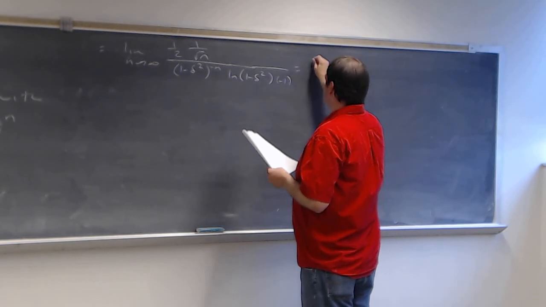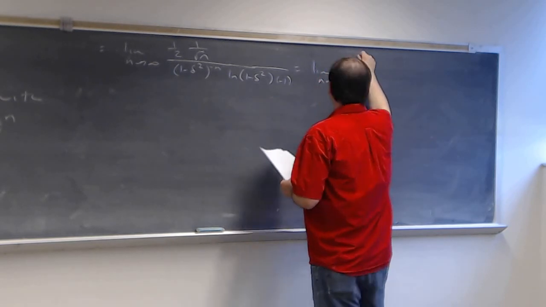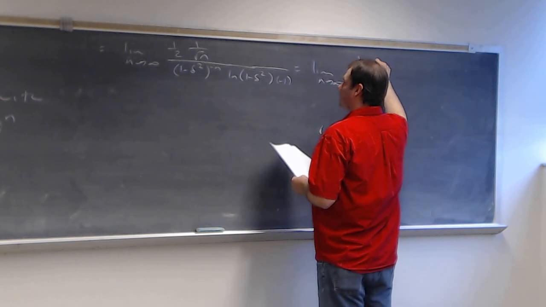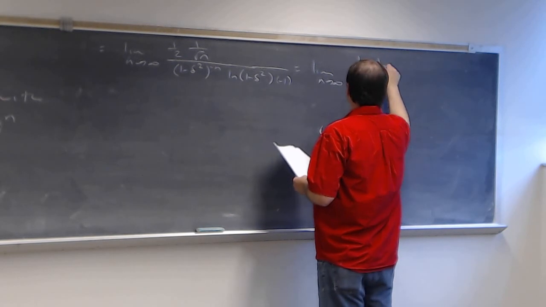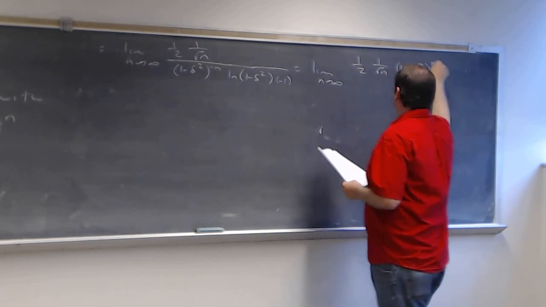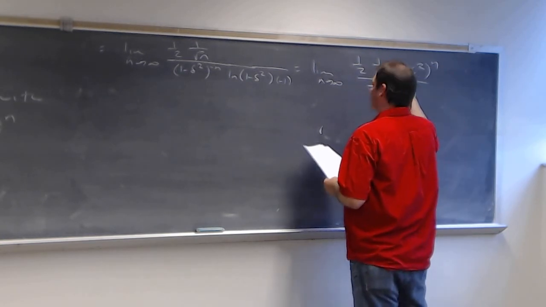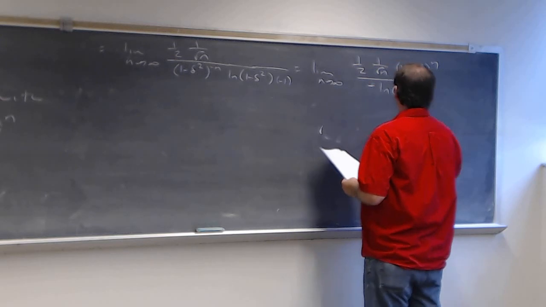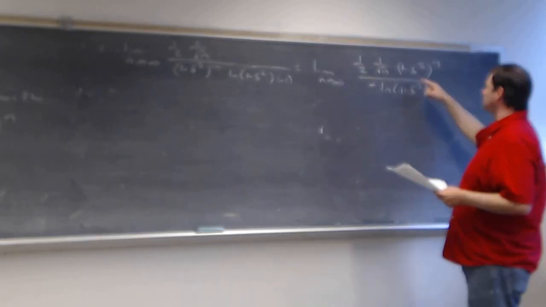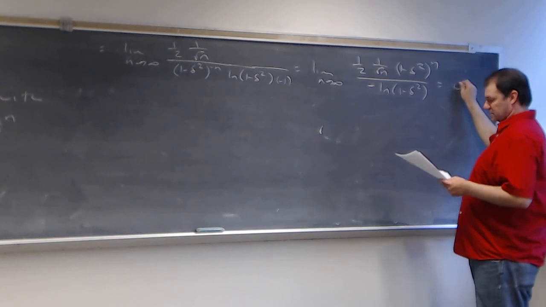And that's equal to the limit as n goes to infinity of 1/2 times 1 over the square root of n times 1 minus delta squared to the positive n over this number minus ln of 1 minus delta squared. As n gets really, really big, this goes to 0 and so does this. And so this ends up being 0.